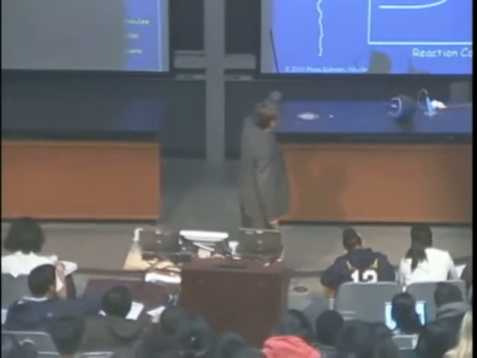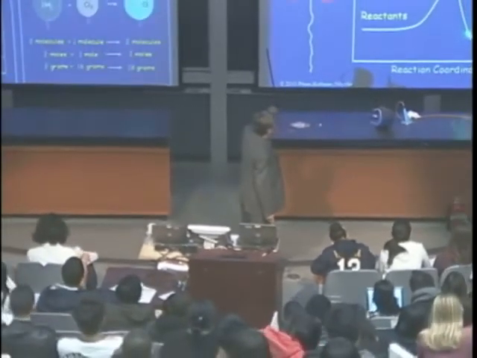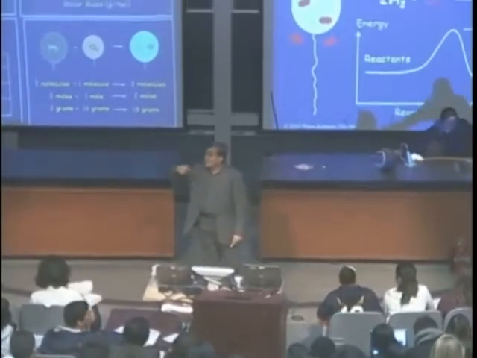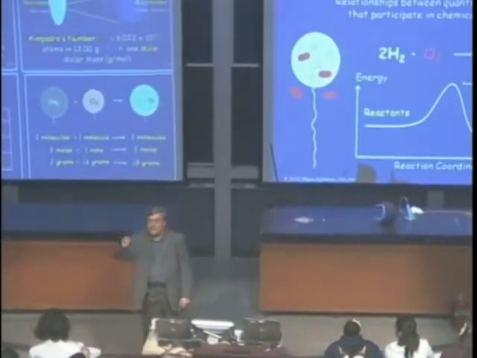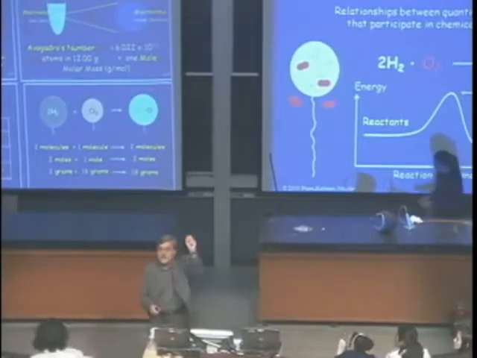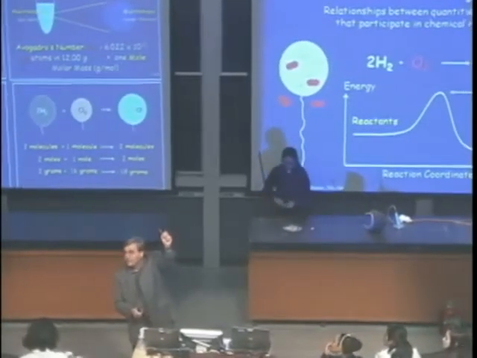It was an explosion. So the reactants, hydrogen and oxygen, had an initial energy, if this is our energy scale, and then we had to give it a little kick. We had to overcome the activation barrier. I could have used a very small flame, but first of all, I don't have a small flame, and I don't want to be so close to the balloon with a small flame.